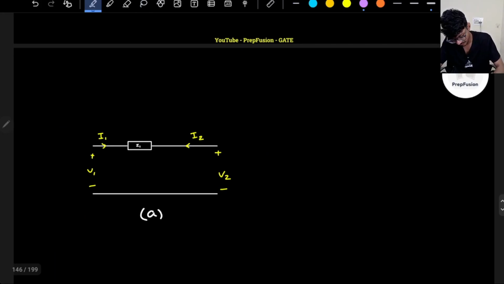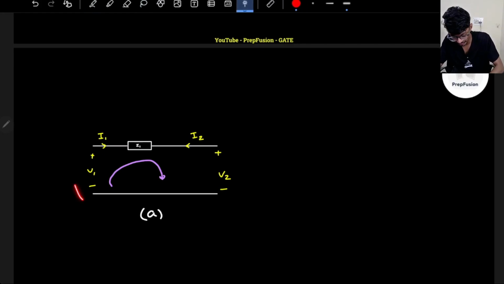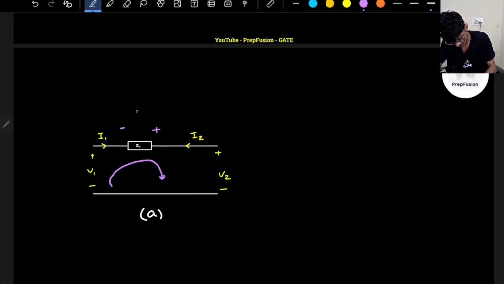If I write a KVL here, I have to define my input variables in terms of output variables. So I will not take the I1 current, I will take the I2 current. So I2 current is going in this direction. So the drop will be plus minus I2 into Z1.